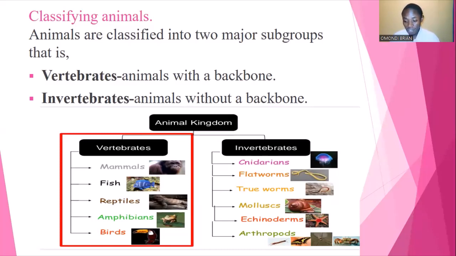I believe most of you have encountered mollusks, the snails. We have echinoderms, and we have arthropods. Arthropods are the most well-known invertebrates that we have. Okay, let's continue.